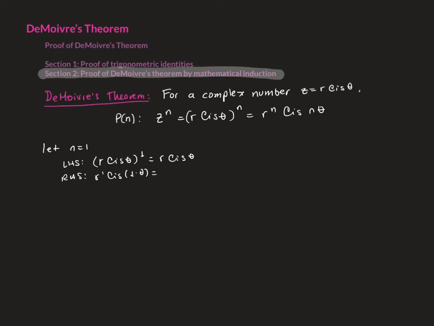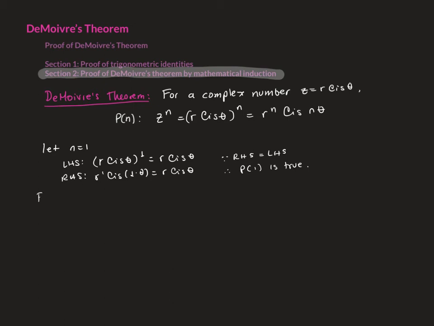So this is going to be r cis theta as well. So because the right hand side and the left hand side are equal, then we can say that P1 is true. And now we can do the induction assumption.